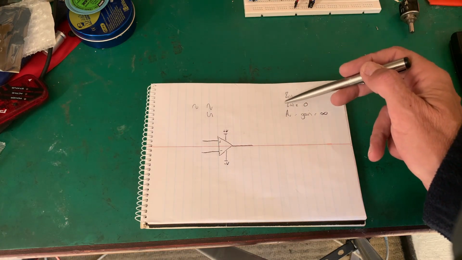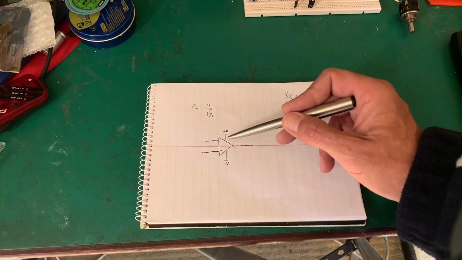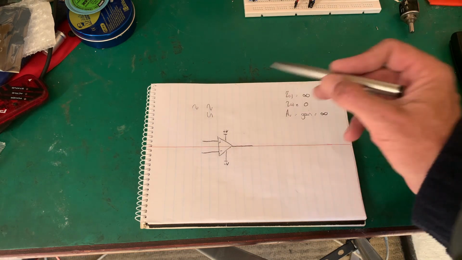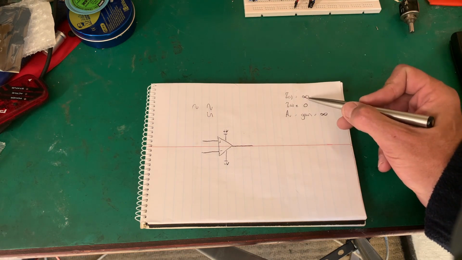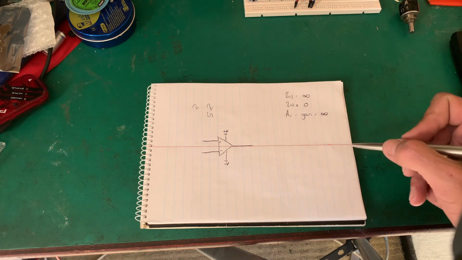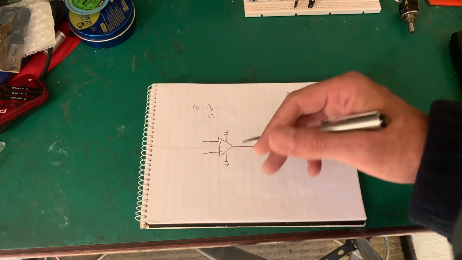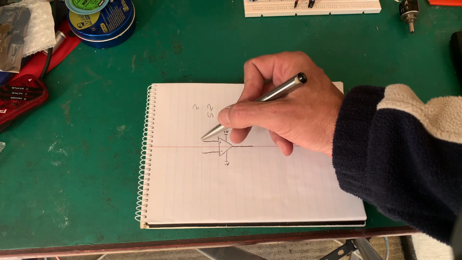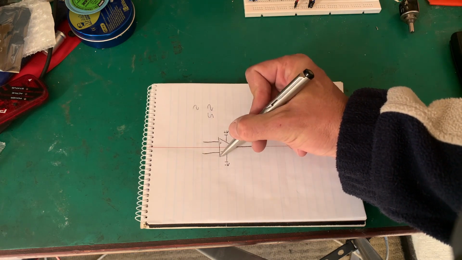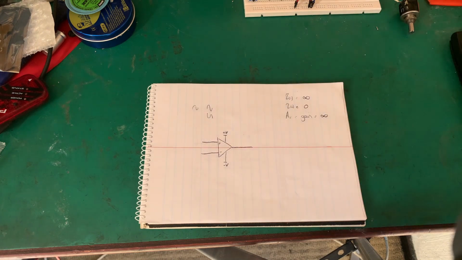What we're saying is the input impedance, or the input resistance, is that 8 on its side, infinity. In other words, it is so huge we can't count it. So what that means is no current flows into those inputs.